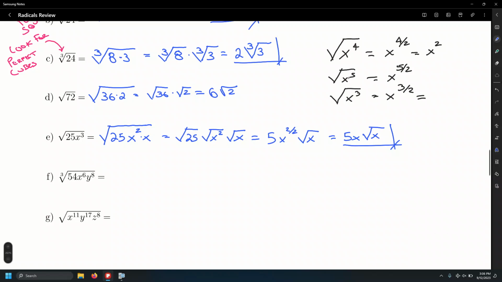X to the 5th is not, because 5 doesn't go into 2 evenly. X cubed is not a perfect square because 3 doesn't go into 2 evenly. So here we're going to look for cube roots. Is 54 a perfect cube? Can we break down 54 so that one of the factors is a perfect cube? Those numbers are 2 and 27.